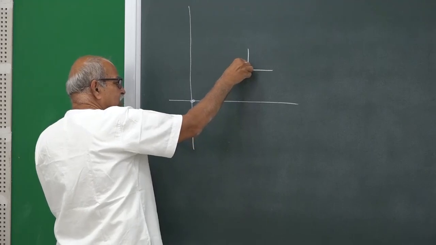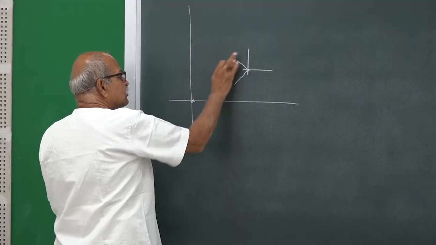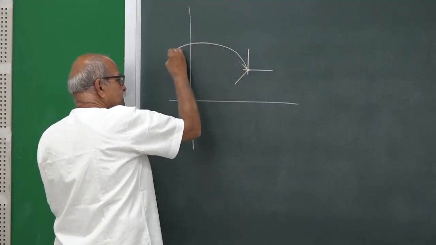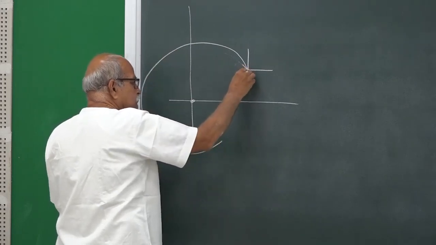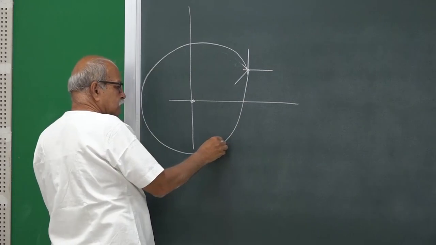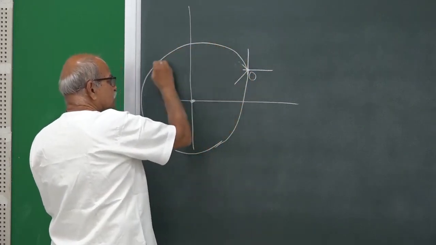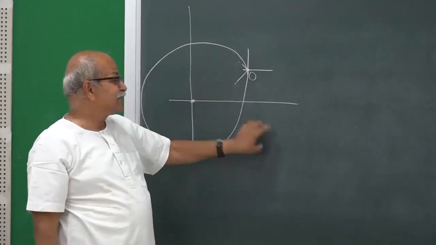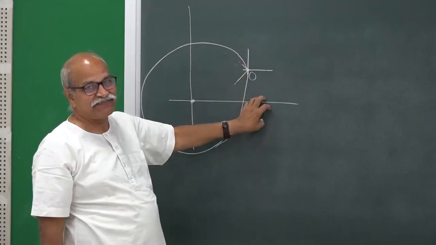So, let me draw a circle like this. This origin goes on this circle, but the direction of the axes remains fixed in this frame of reference.